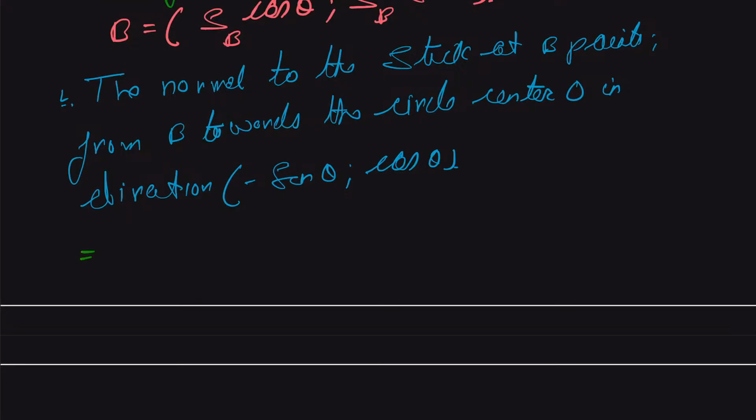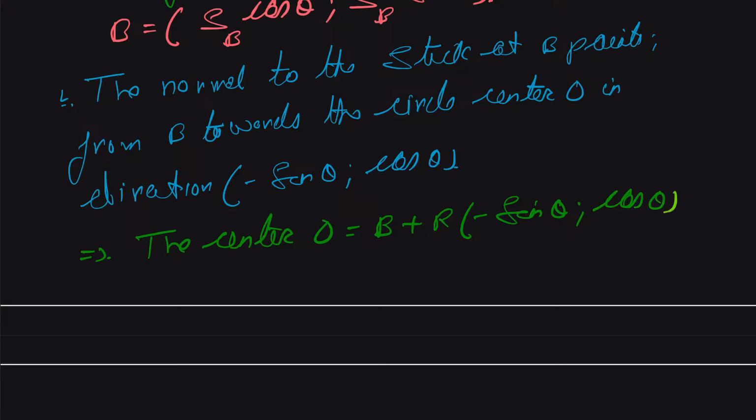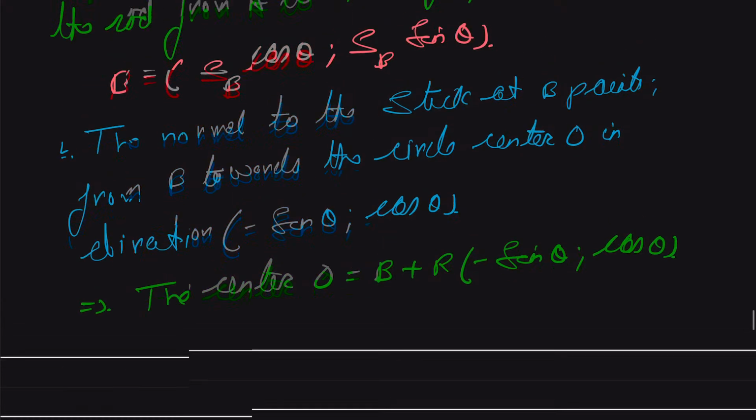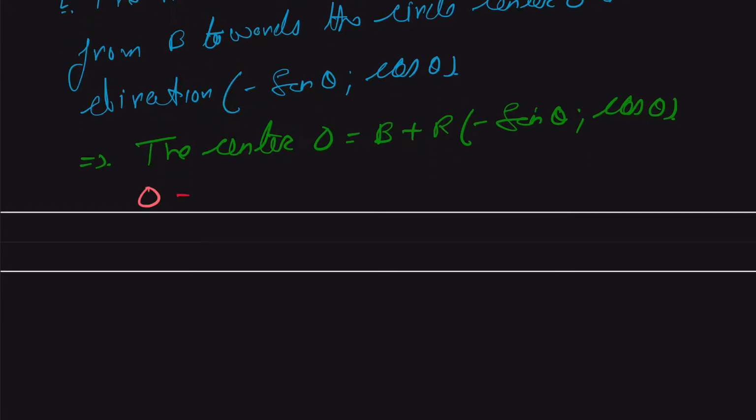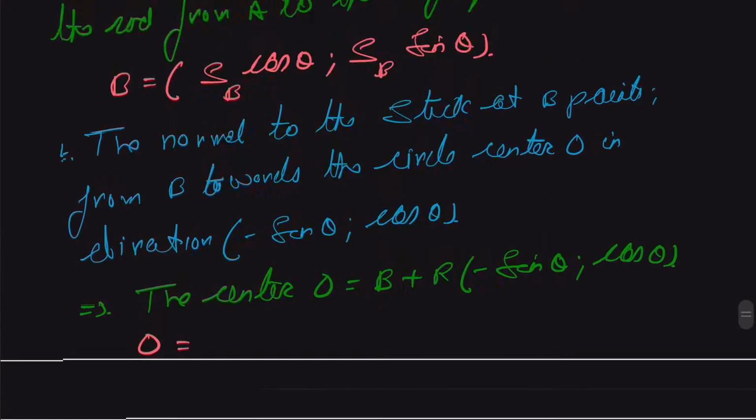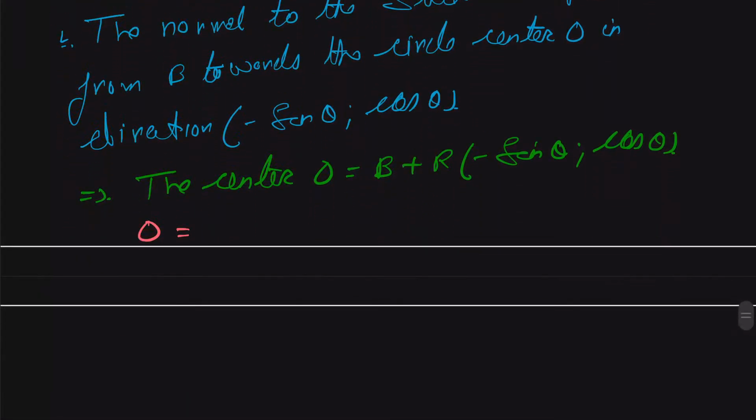Therefore, we can write the center O will be equal to B plus r times minus sine of theta and cos of theta. And B we already know, so we simply substitute it. We get O will be equal to, then we have our B, the x coordinate SB cos of theta, and here it is minus r sine of theta.